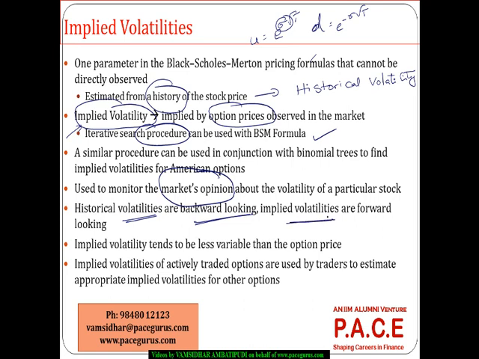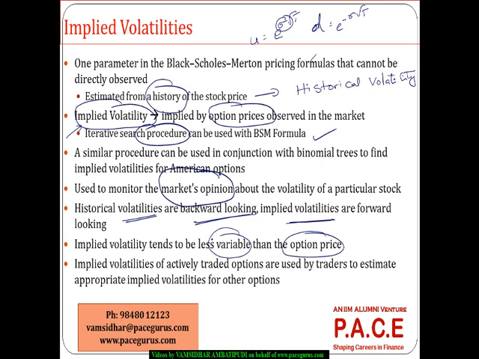Whereas implied volatility is based on the current price of the option, which is a reflection of the future movement of the stock. So the implied volatility becomes more and more forward looking, whereas the historical volatility is more of a backward looking kind of an approach. And what we also see is the implied volatility is less volatile compared to that of the option price.